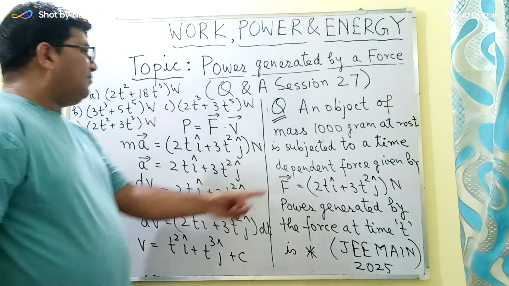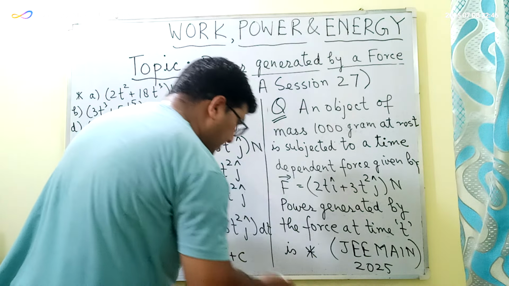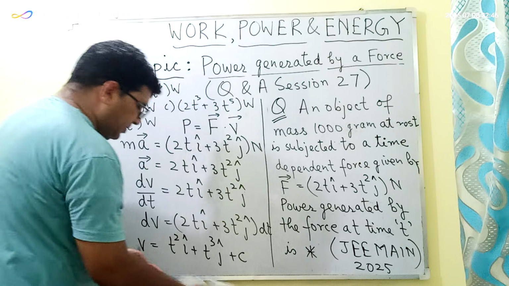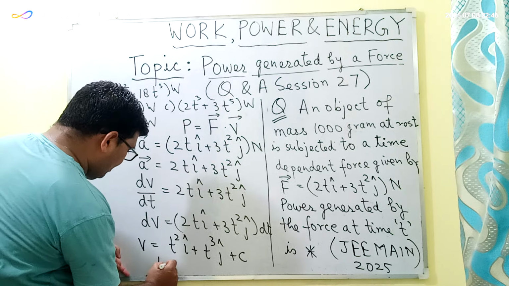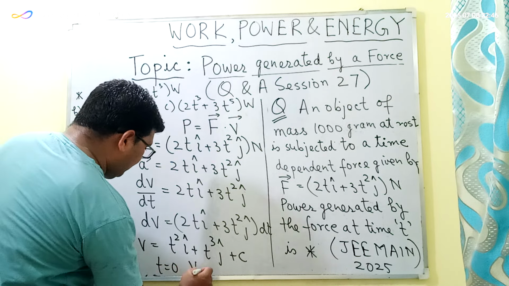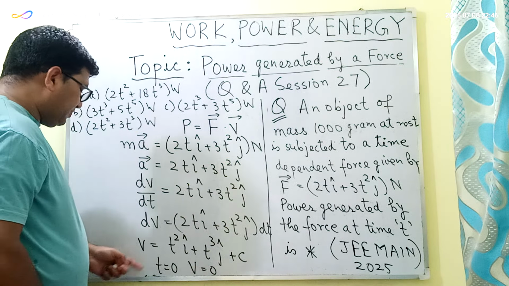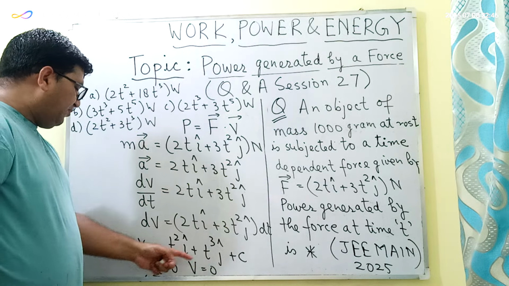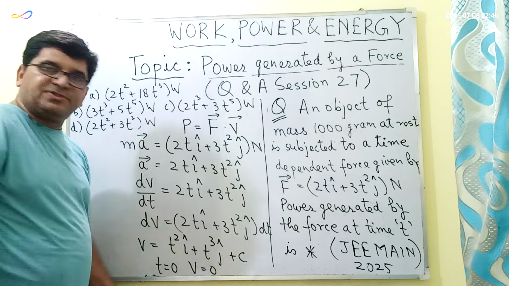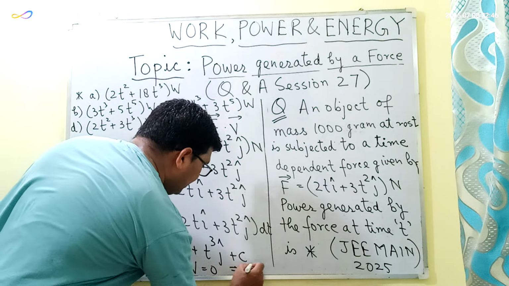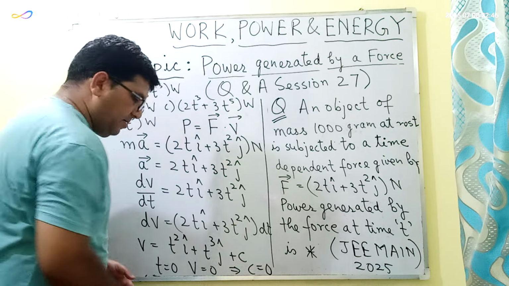Now since the object is at rest, at t equal to 0 the velocity of the object is equal to 0. If I substitute t equal to 0 and v equal to 0, the value of c will be equal to 0. It implies that c is equal to 0.